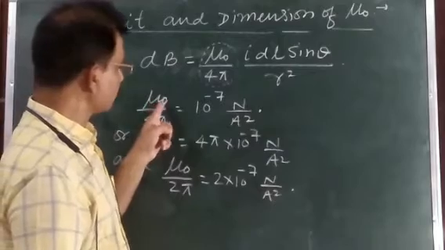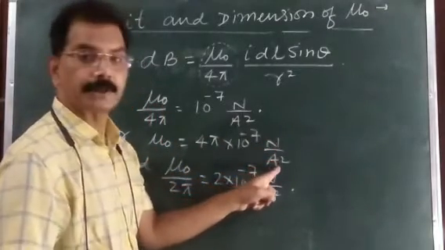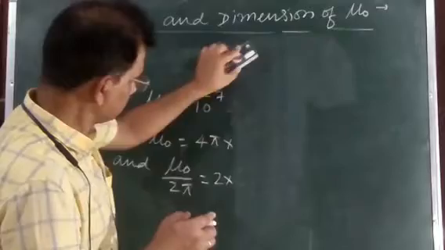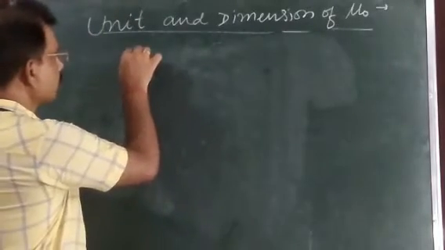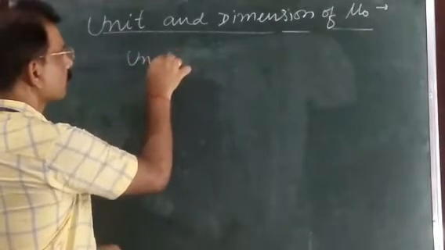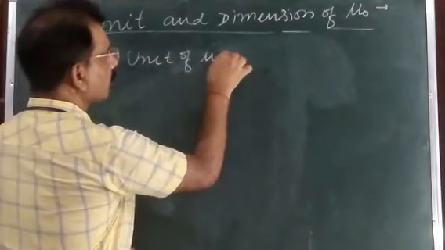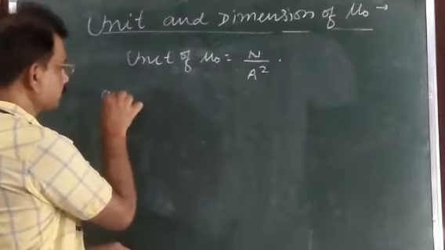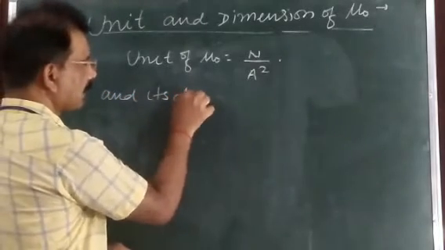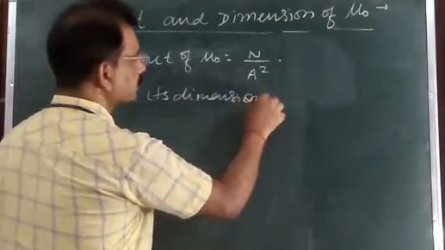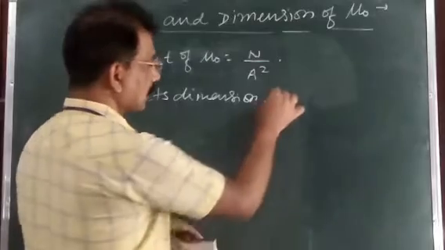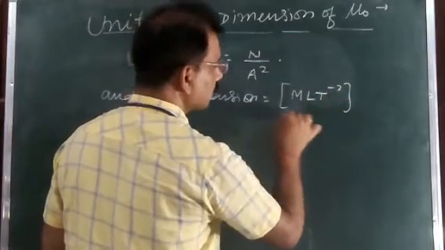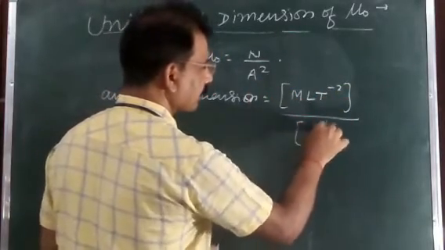So from here you can say the unit of mu naught is Newton per ampere square, and its dimension: Newton is the unit of force, and its dimension is M L T to the power minus 2, upon ampere current A square.